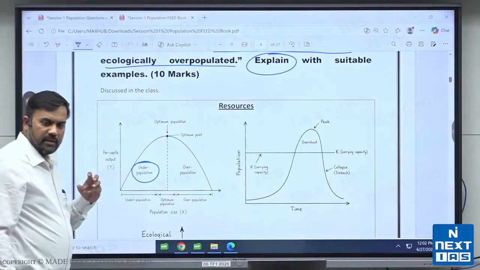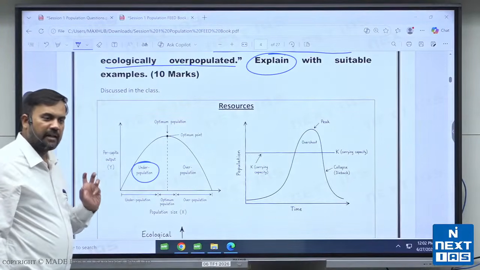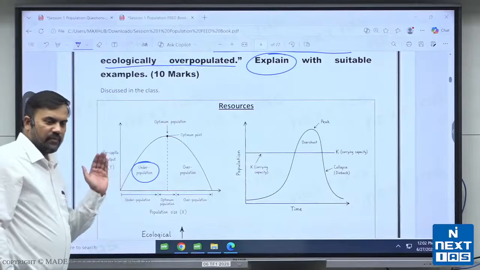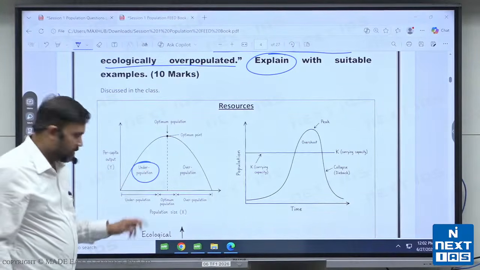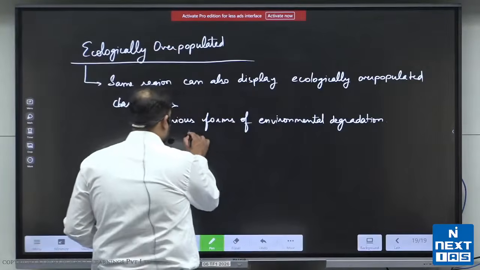Because every region has its own carrying capacity, which is different from its economic potential. Okay? So why it is so?